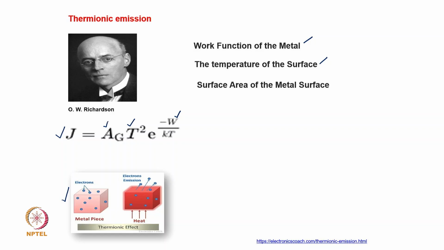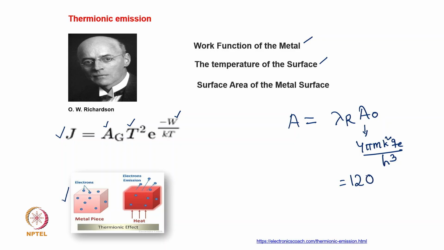Later people made a little modification of this, where Ag was written as some quantity lambda r times A naught. A naught is basically the Richardson constant, A naught is 4 pi m k square q e by h cube.